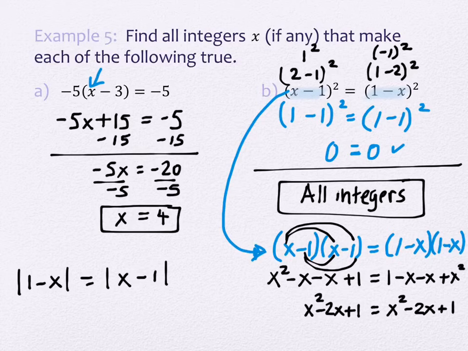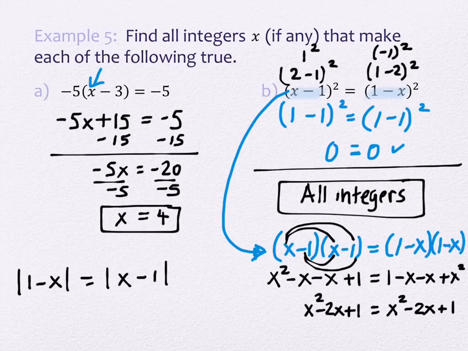Could you put the absolute value of 1 minus x is equal to parentheses 1 minus x squared? No, that's not the same thing. Yeah, the absolute values don't actually equal the thing squared. Just the net effect of it on what x can be is the same thing.